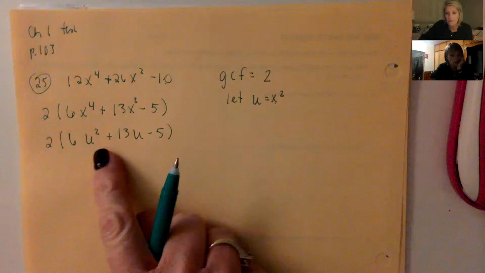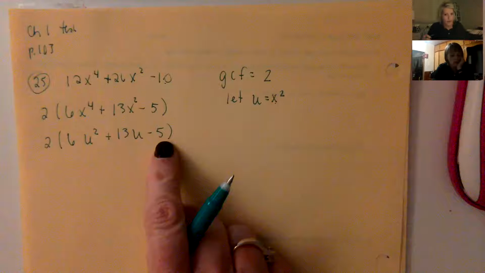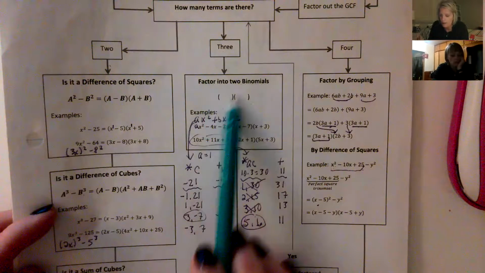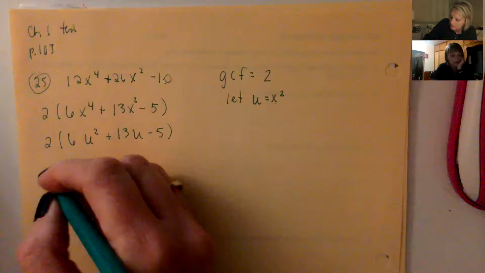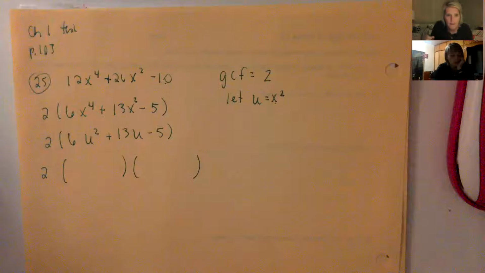Now we have something that we're familiar with. It's 3 terms in our factoring flow chart, and we can factor into 2 binomials. The 2 will stay out here. We could do some guess and check.